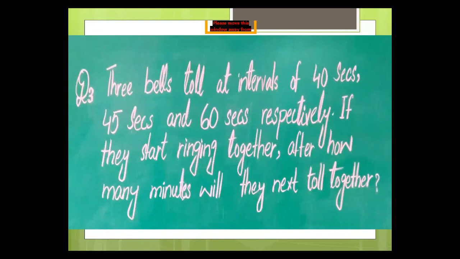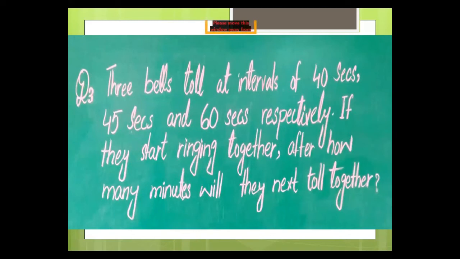Now we solve some questions from your exercise. Open your book, page number 29, exercise 3.4. Here you see a question taken from the book, question number 3, exercise 3.4.